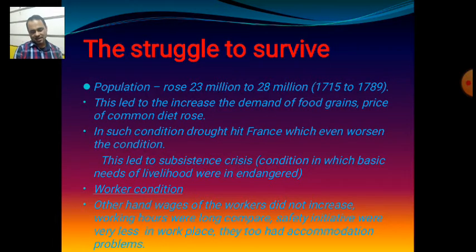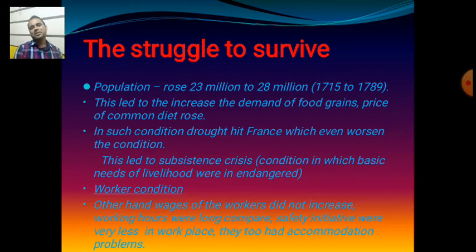Now see, as the burden of the taxes increased and the feudal system was in execution, this made people's life very tough. As a result, every person living in France was now struggling to survive.